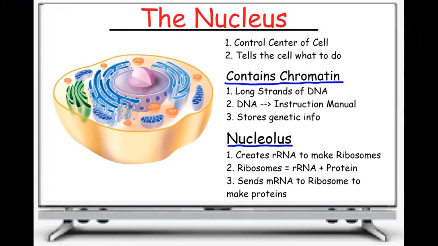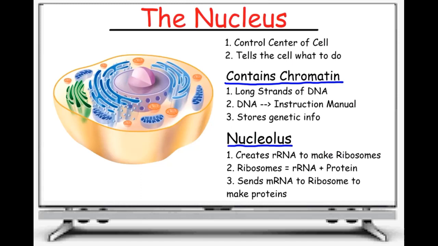In this video, we're going to do a basic review of the cell and the things inside of the cell, like the organelles, the tiny organs of the cell. So first we have the nucleus, which is right there. And the nucleus is basically the command and control center of the cell. It tells the cell what to do, how to grow, what proteins to make, what lipids to produce, and things like that.